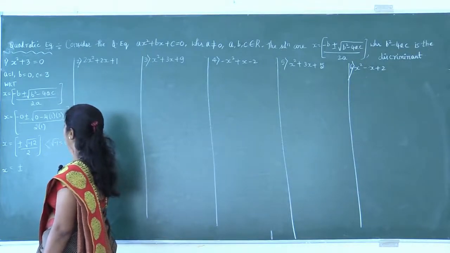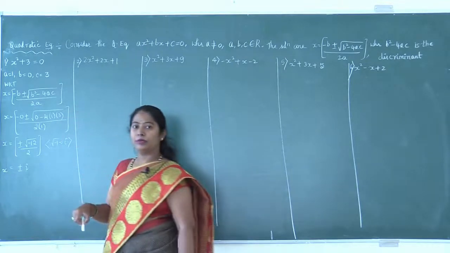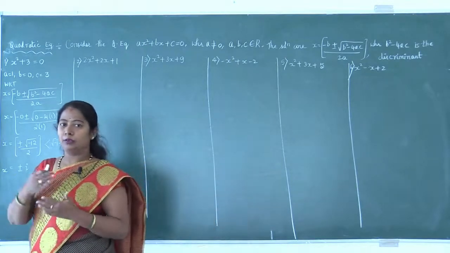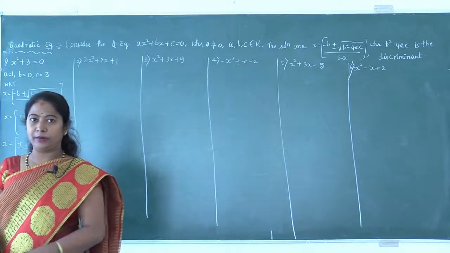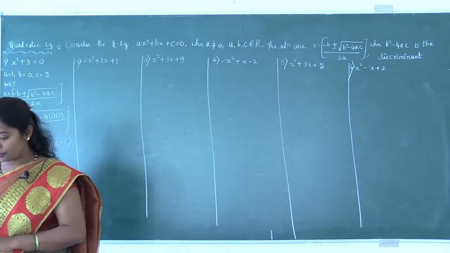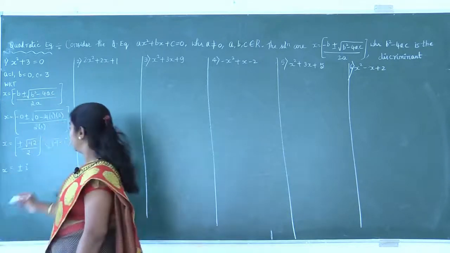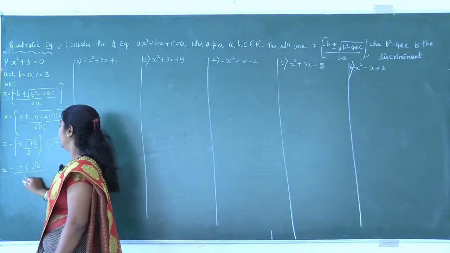That is nothing but i. So i into, what remains now? Root of 12. The given problem contains plus or minus square root of minus 12, so I can rewrite this as i root 12, divided by 2.